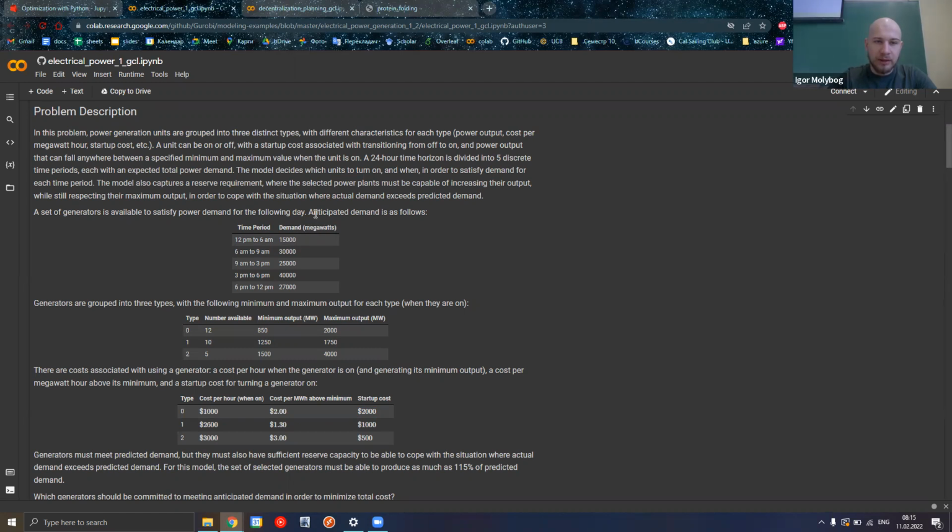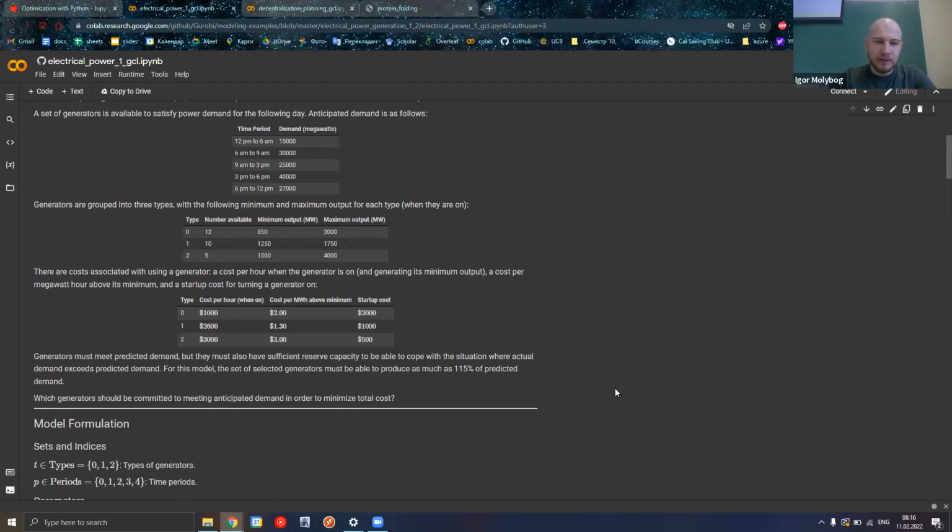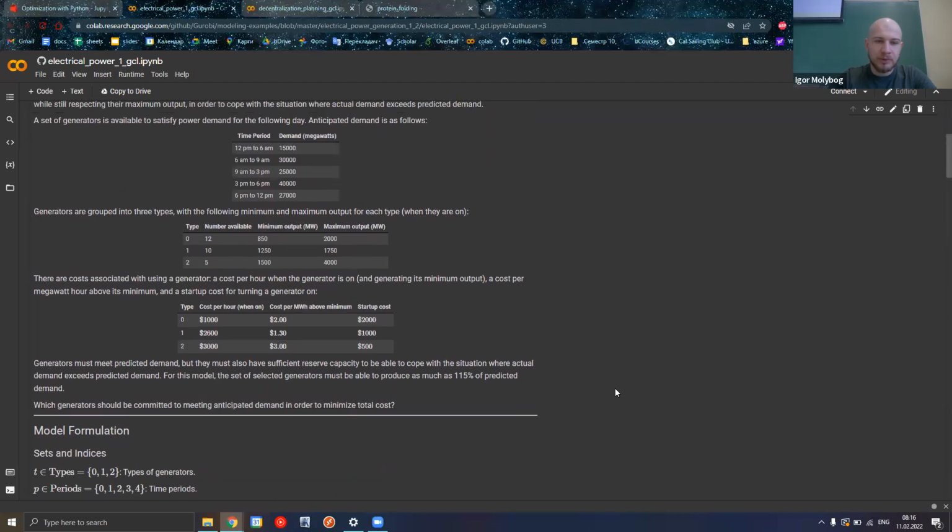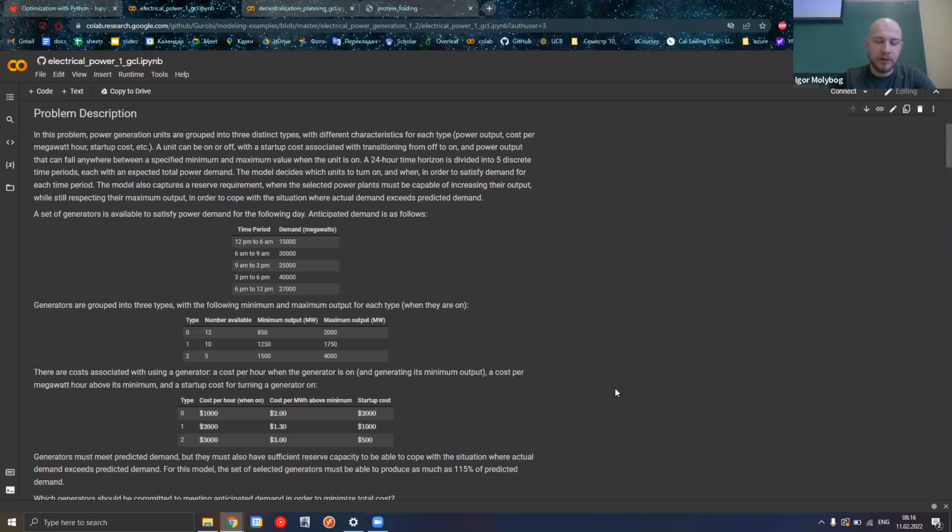You are required to construct an integer programming problem that expresses the optimal schedule to turn generators on and off, and assign the necessary production per generator.